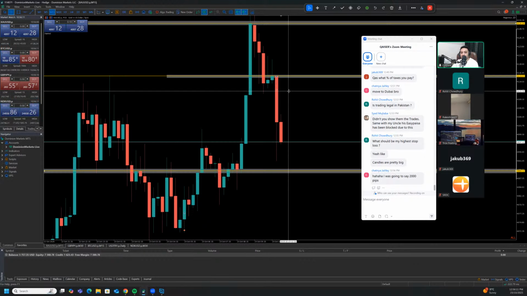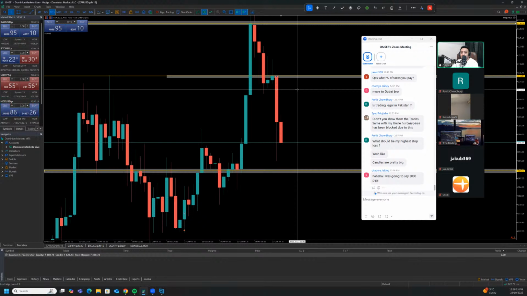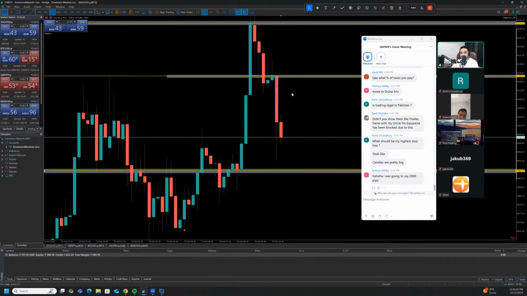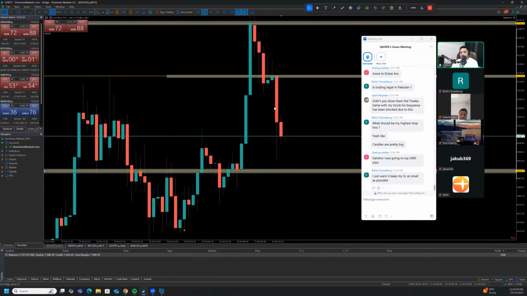If it's a higher probability setup, I might go with a higher lot size. Make sense? So I might go with 2%, but not more than that.